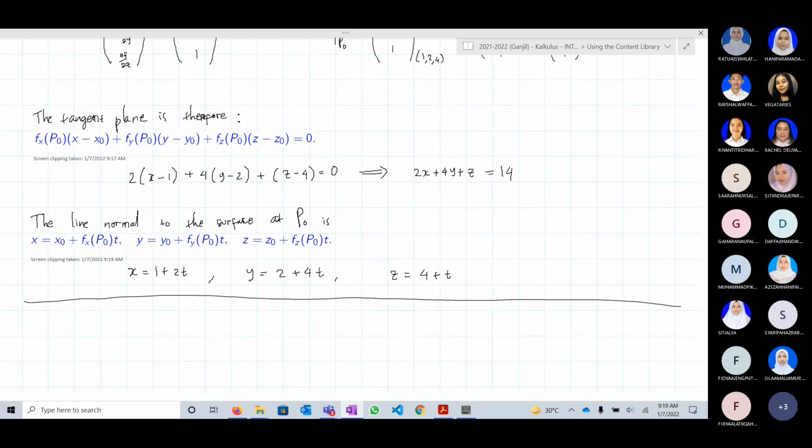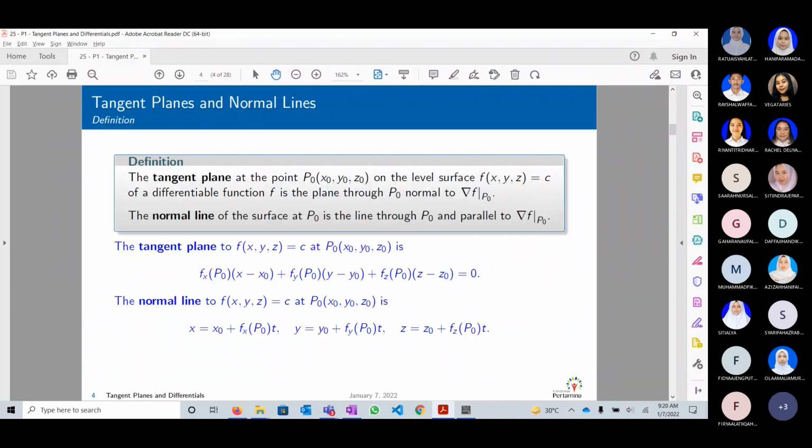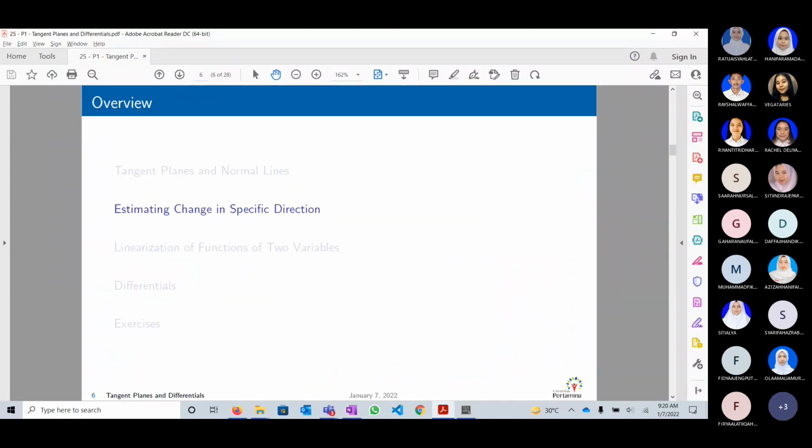Okay. Now we go to the next material, which is about estimating change in a specific direction.